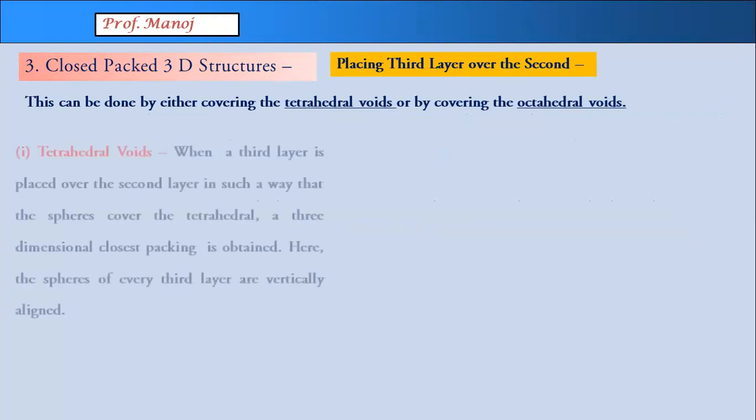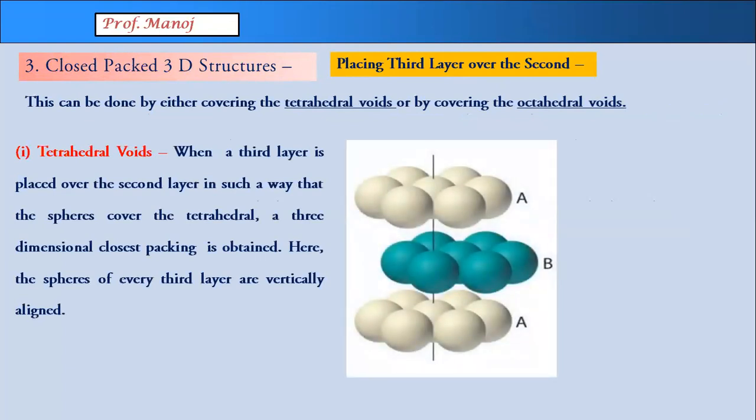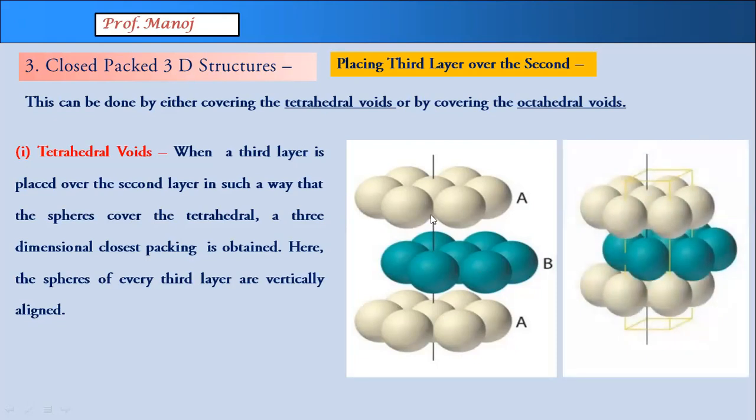So for example, if you place the third layer over tetrahedral voids, look at the diagram carefully now. This is your 6 atom layer which I have labeled as A. Then there is another 6 atom layer A, and this atom, the central atom, is kept over here, which is a tetrahedral void. If I join this together, it looks as complicated as this.